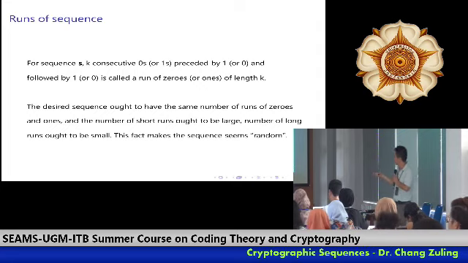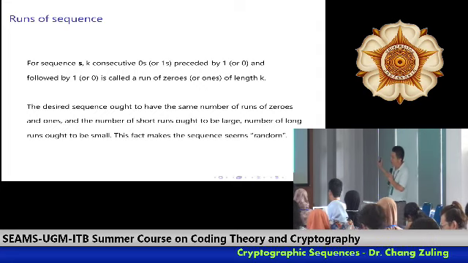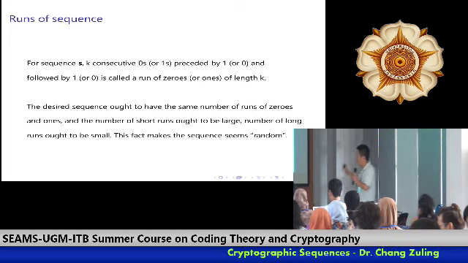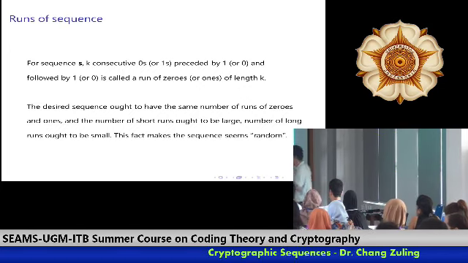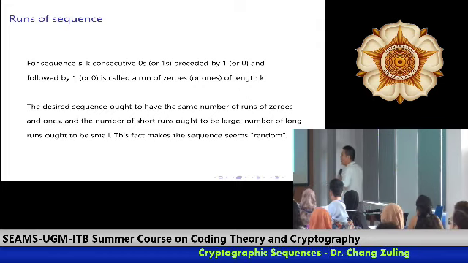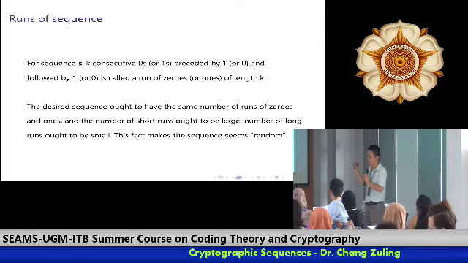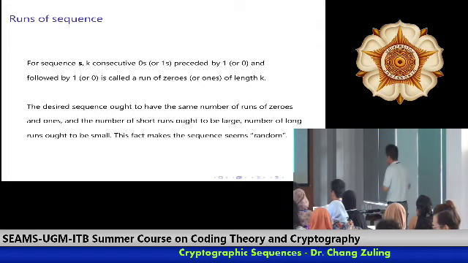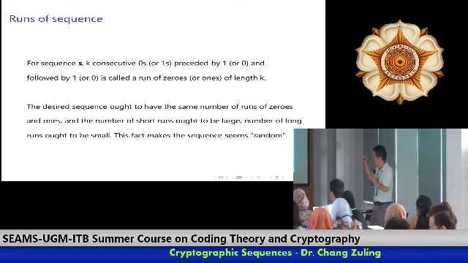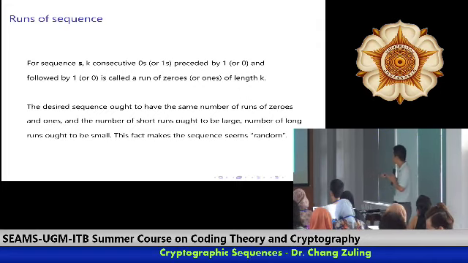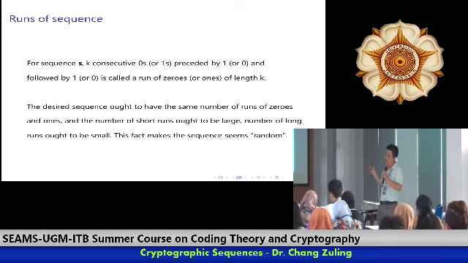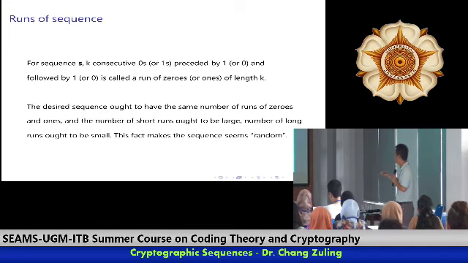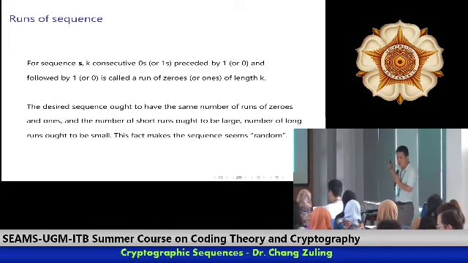The desired sequence ought to be balanced. So the runs of zeros and the runs of ones ought to be the same, and the short runs will be more, and the long runs will be less.